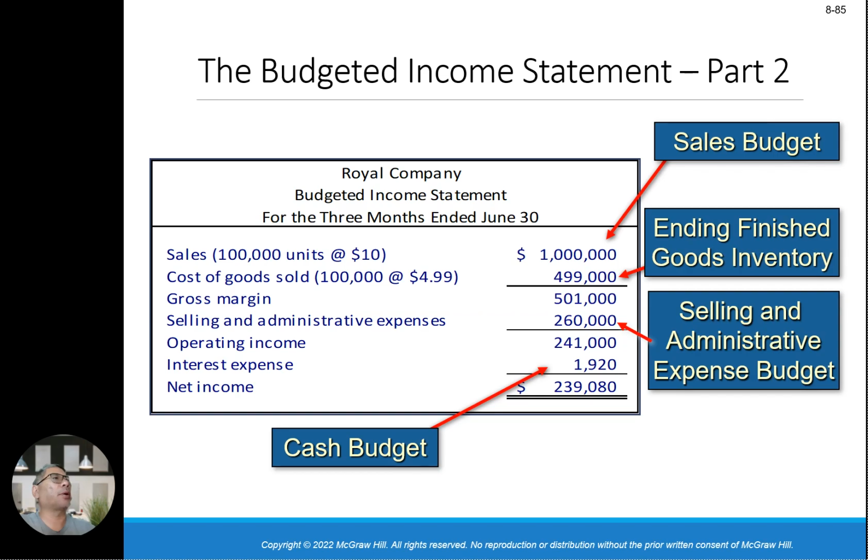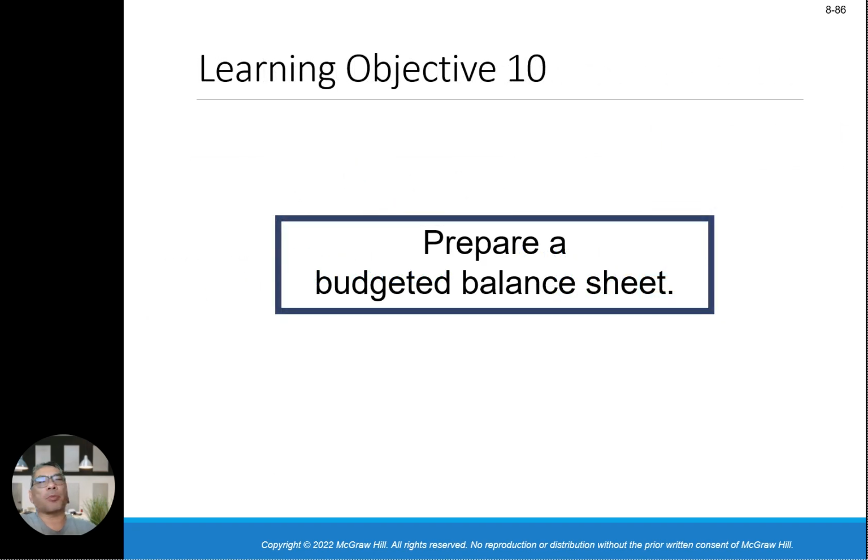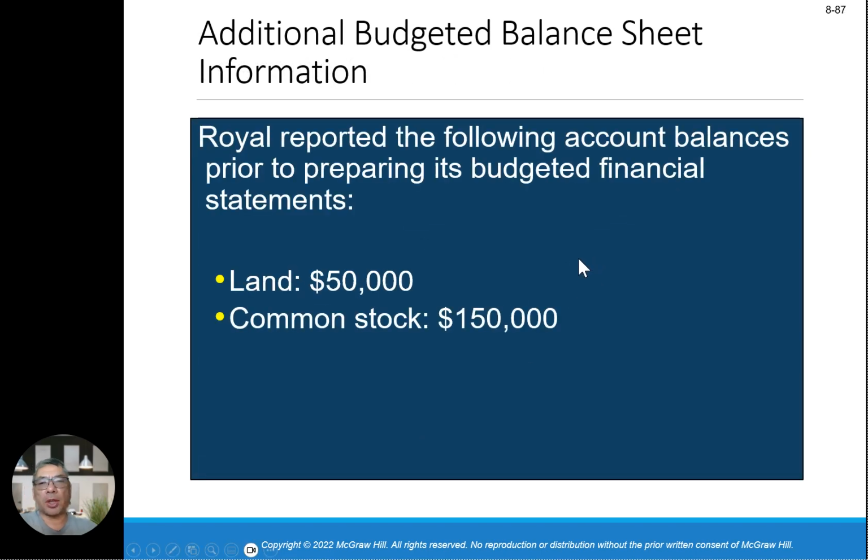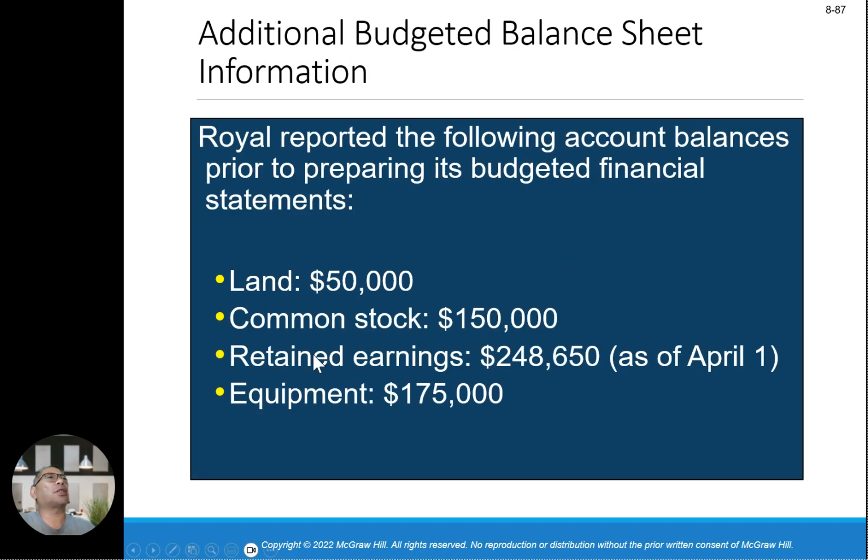All right, and then objective number 10, prepare a budgeted balance sheet. You're going to put the balance sheet here, and these are the assumptions given to you. Land 50 grand, common stock 150,000, retained earnings 248,650 as of April 1, and then equipment 175,000.